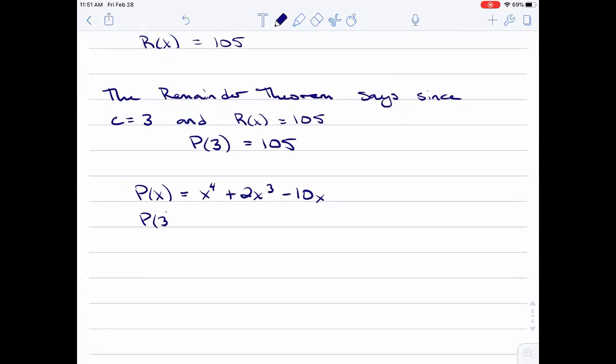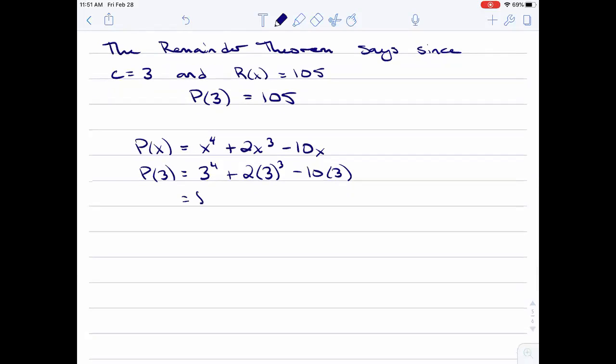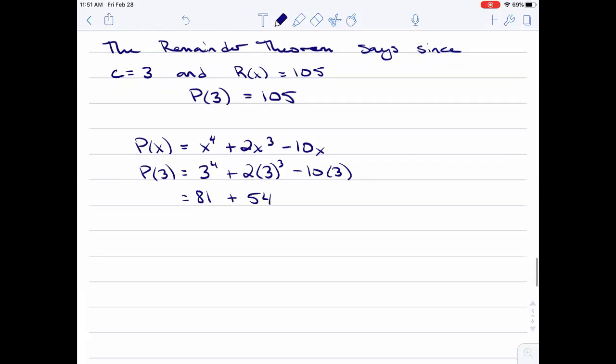P of 3 is when we plug in 3 into here. So we have 3 to the power of 4 plus 2 times 3 to the power of 3 minus 10 times 3. 3 to the power of 4 is 81, plus 3 to the power of 3 times 2, 54, minus 30. So 81 plus 54 minus 30.